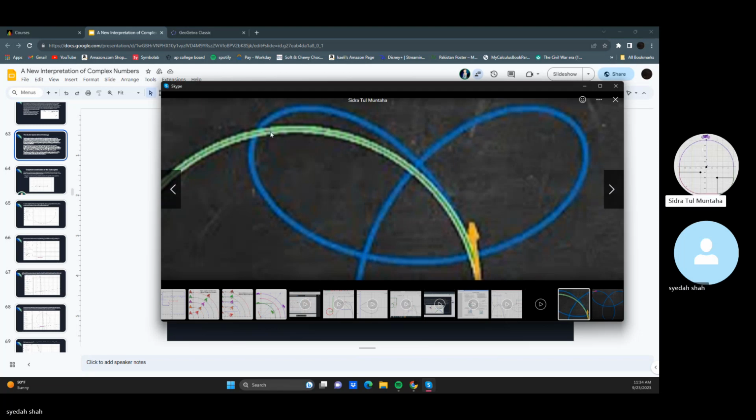If the curve is more curvy, we say the curvature is more, there is a lot of curvature. But if the curve is kind of flat, we say there is less curvature.